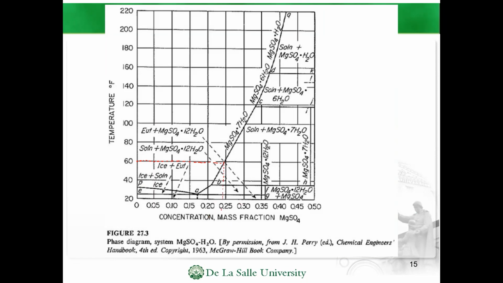So I can see that here, the XL, the composition of the mother liquor, would be 0.245 roughly. Okay, so that's 0.245.